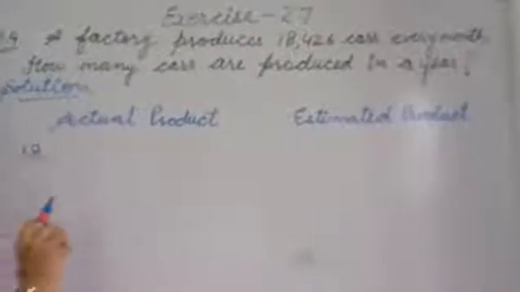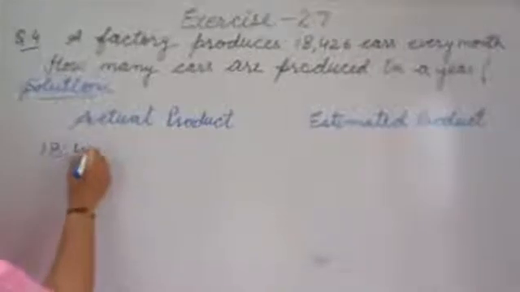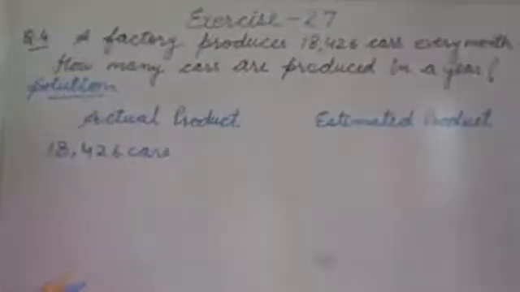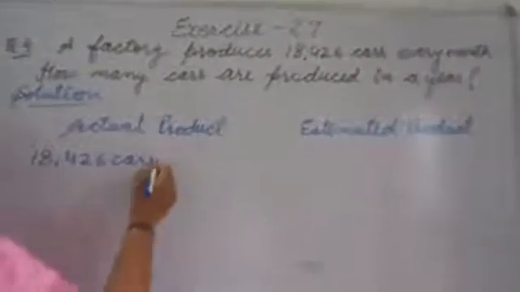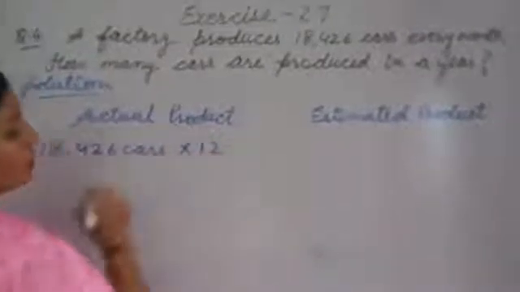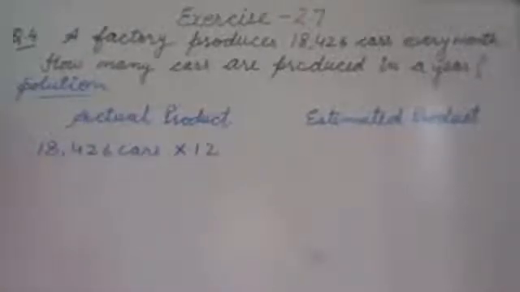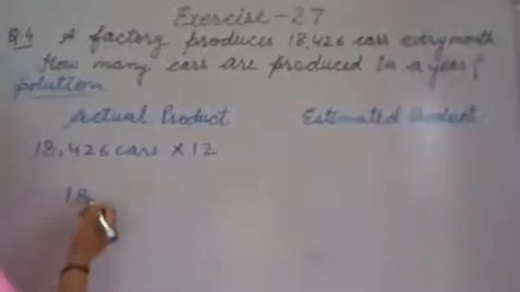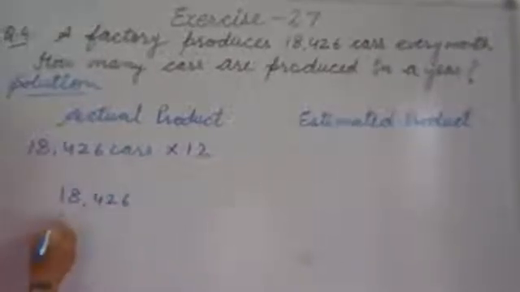Now actually we have 18,426 cars in 1 month, and we have to find in a year. In a year means 12 months. So multiply by 12. You can directly speak the table of 12 and multiply. Otherwise you have to write up and down and then multiply. So here we write up and down: 18,426 multiply by 12.